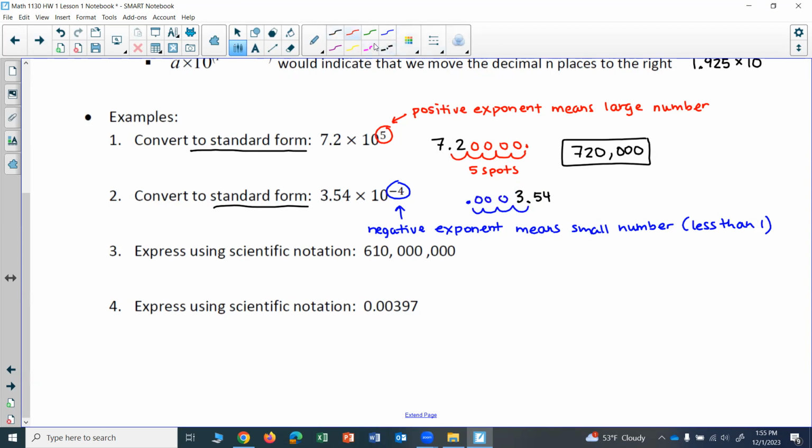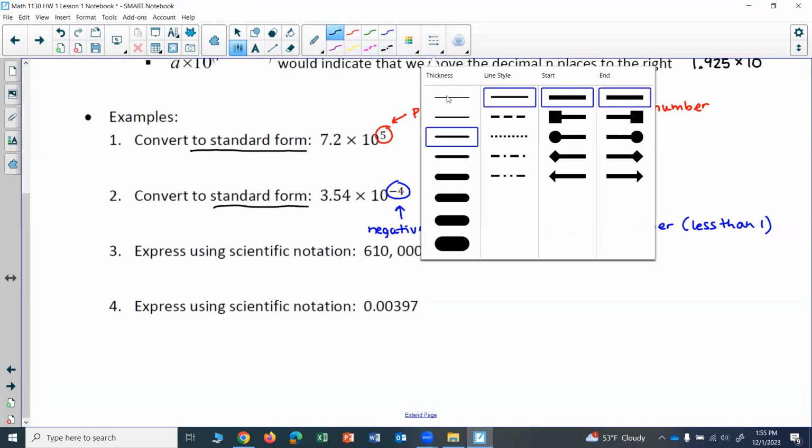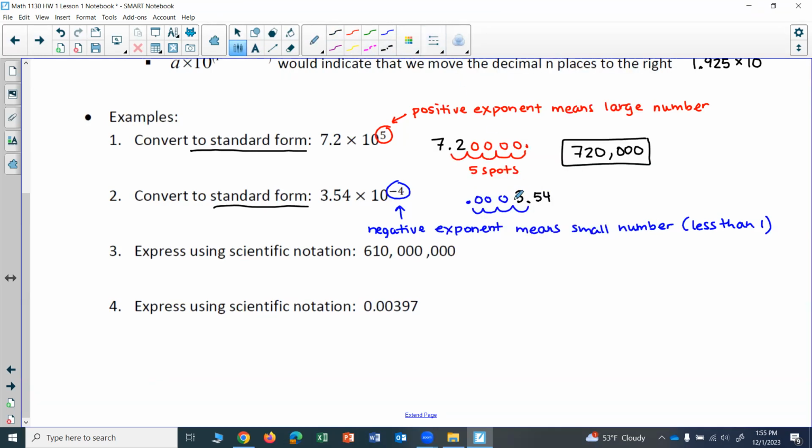And so my final answer is going to be 0.000354. That would be the standard form of 3.54 times 10 to the negative 4th. All right, so that's going from scientific notation to standard notation.